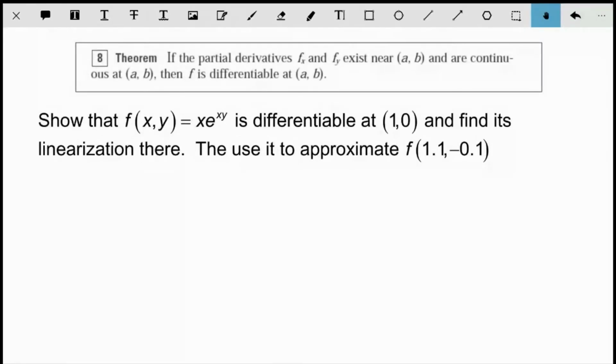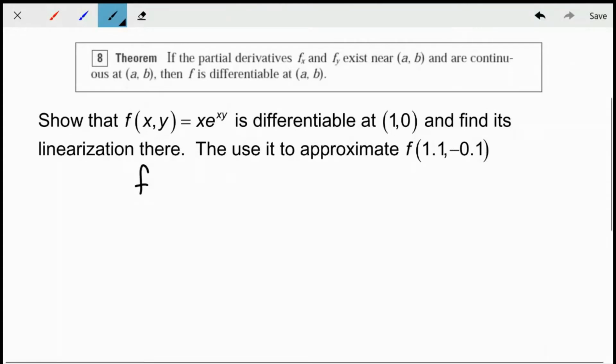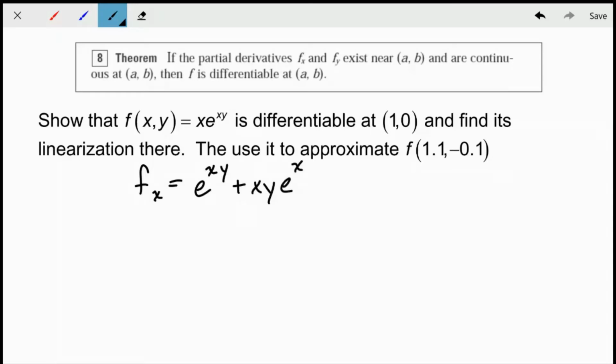Okay, so first of all here, let's look at this question. It says, show that f of xy is equal to x e to the xy is differentiable at (1, 0), and find its linearization there, then use it to approximate f at (1.1, -0.1). Okay, so let's take a look at the differentiability piece of this. My x partial would just be e to the xy plus xy e to the xy.